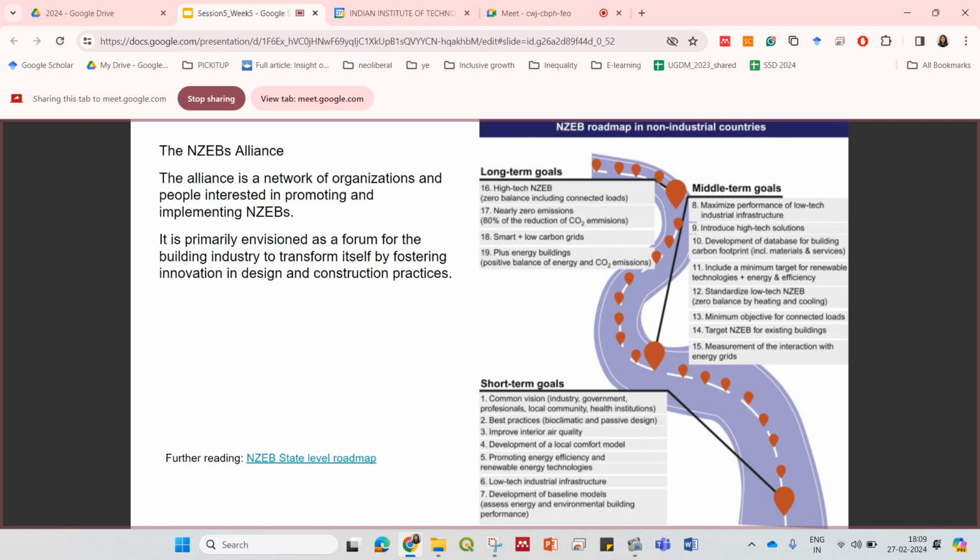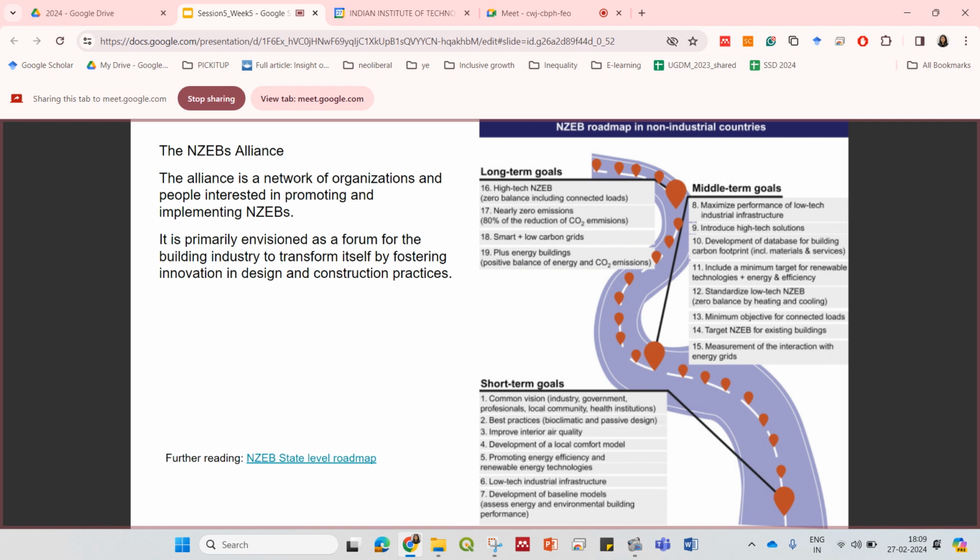In order to do that, there is a roadmap which has been defined for non-industrial countries, and the different goals in that roadmap are divided into three categories. First, there are short-term goals, then middle-term goals, and then long-term goals. Short-term goals are something which the country can focus on doing right away.